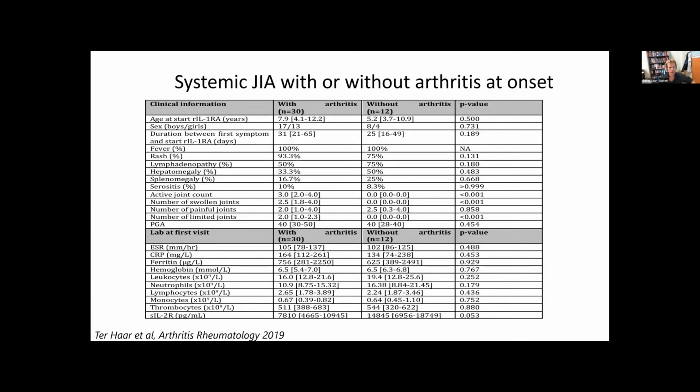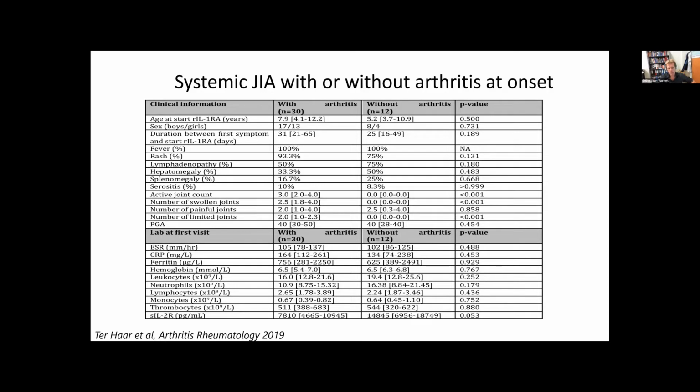And this is a publication of the first 42 patients of the Dutch cohort, of whom 30 were fulfilling the ILAR criteria. It's the second column. So systemic JIA with arthritis at onset of disease. But we also listed here 12 patients who did not have arthritis at that time, and also not at the start of therapy.